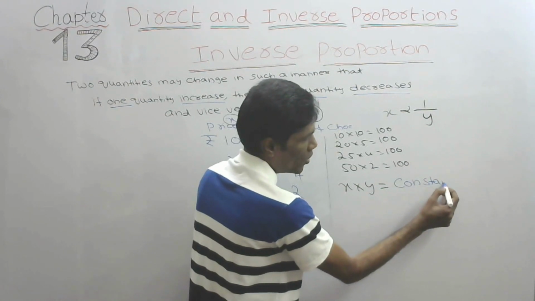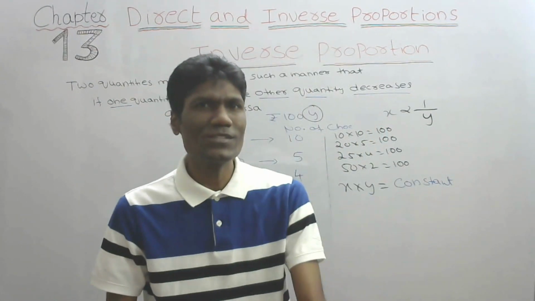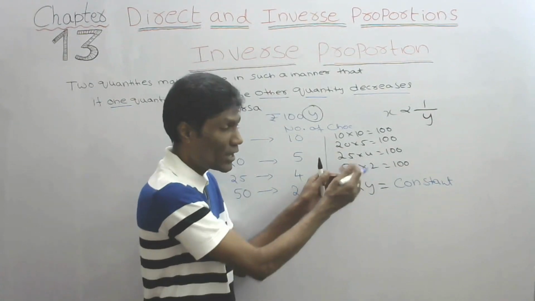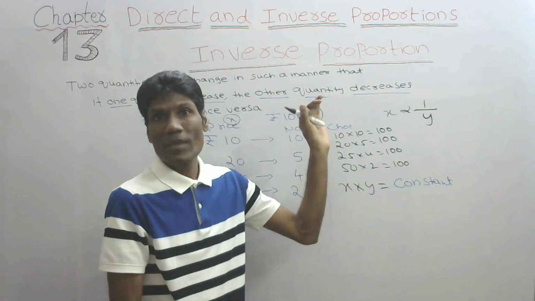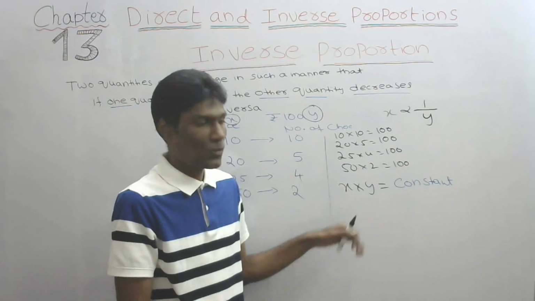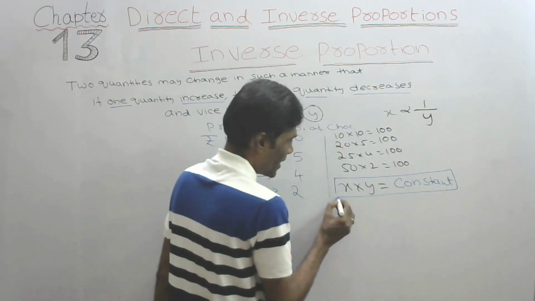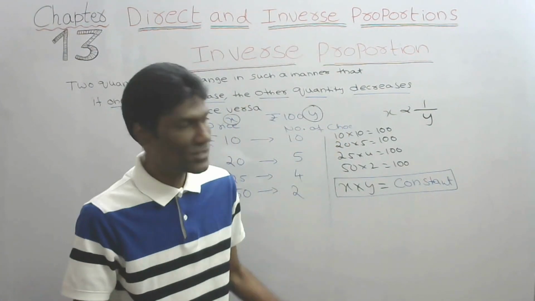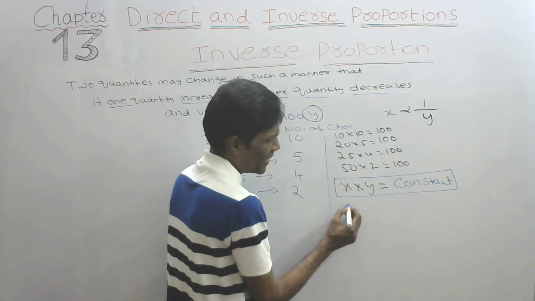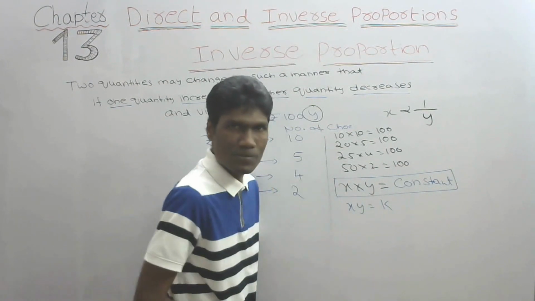You can compare with direct proportion, where the ratio was constant, whereas in inverse proportion, the product of these two quantities is constant. We will say xy equals a constant, or we can write xy equals some k.